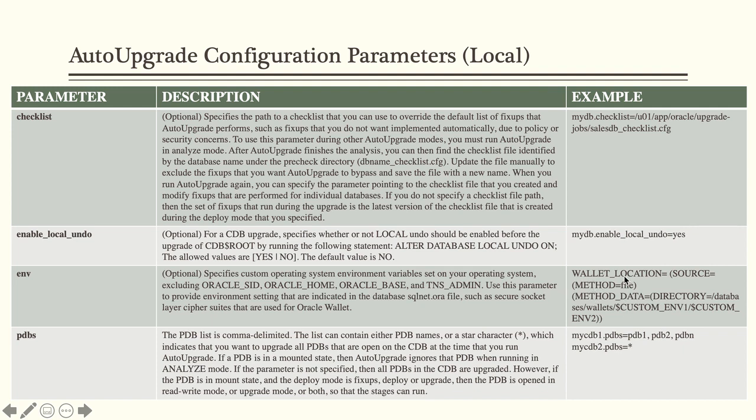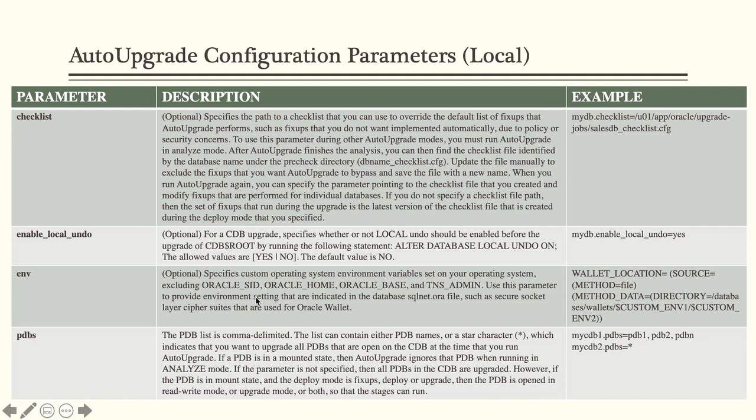You can pass the custom environment variables into the location so that it becomes generic. Otherwise, somebody might say, you have a wallet location, and I do not use hard coded names, I use environment variables instead. You are free to pass those environment variables here. Then PDBs: imagine that you are upgrading a CDB which already has 4 pluggable databases from 12c release 2 to 19c, then which of those 4 PDBs you would like to upgrade and in which order, that you can mention in the PDBs clause.